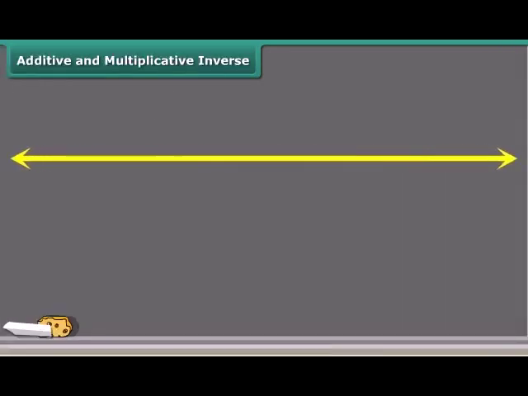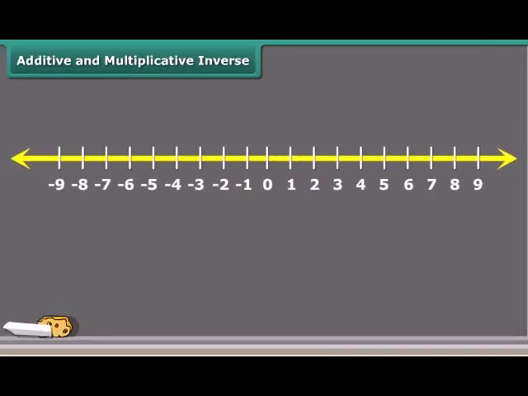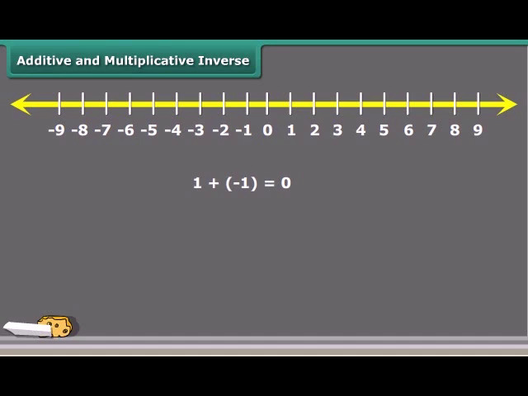You may have come across negative numbers while studying, isn't it? Is -1 the negative of 1? Yes, it is because 1 plus -1 equals 0. So we say that -1 is the negative or additive inverse of 1.